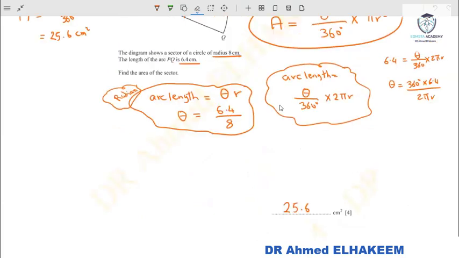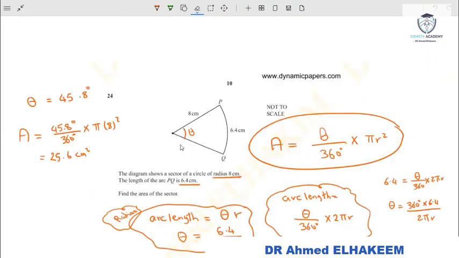Anyway, I want you to know the idea here. He asks for the area. So at the beginning, I wrote the rule: A equals theta over 360 times pi r squared. I have two rules for area and two rules for arc length.